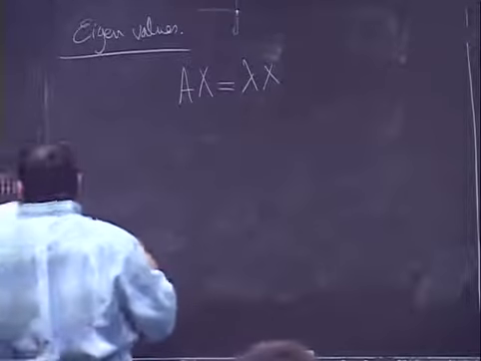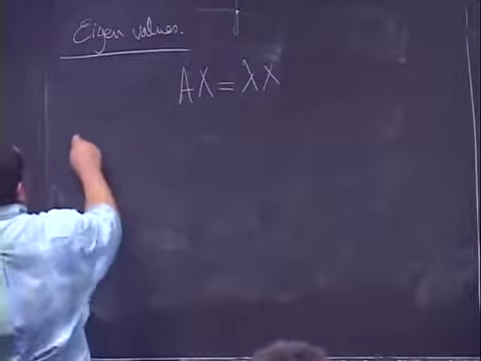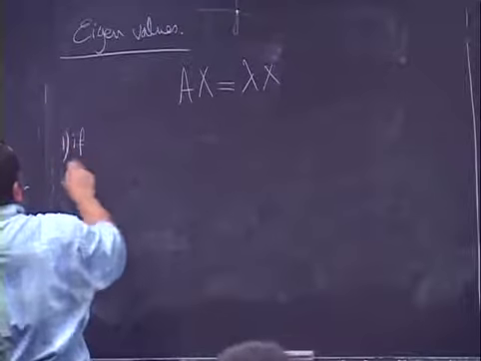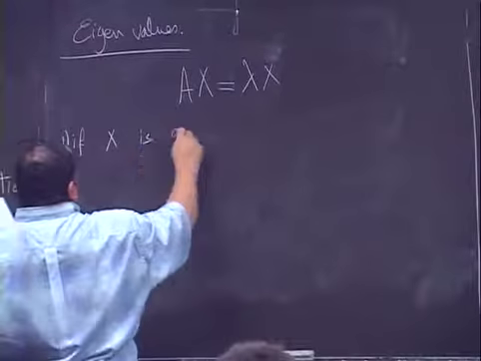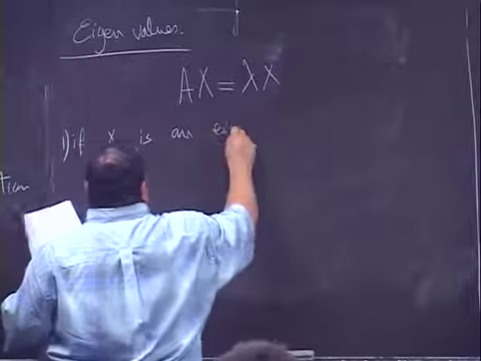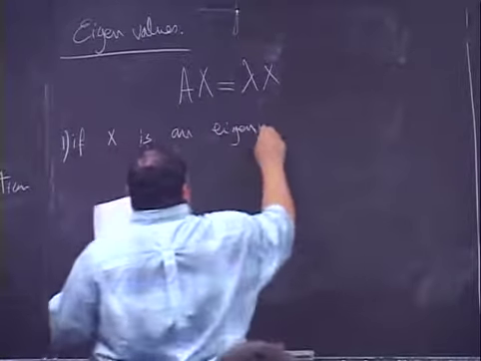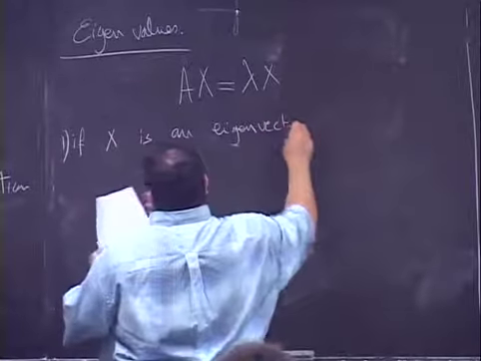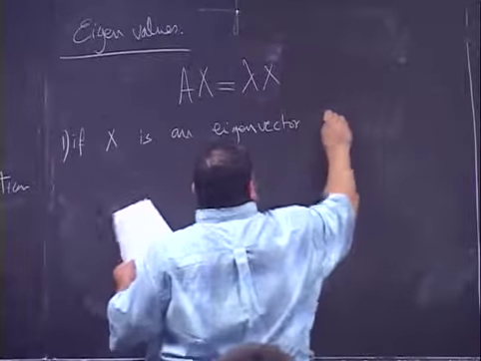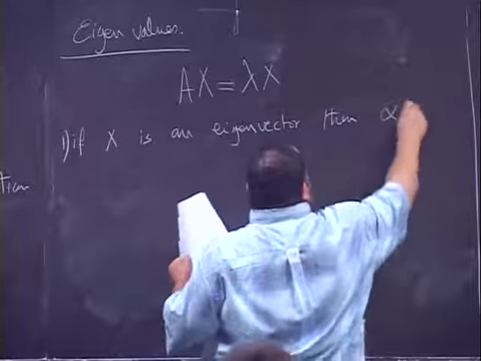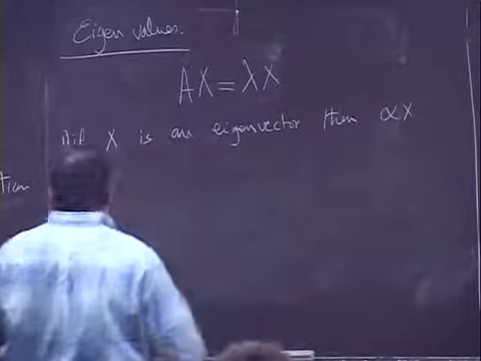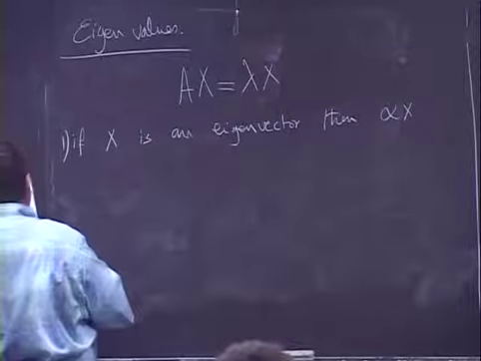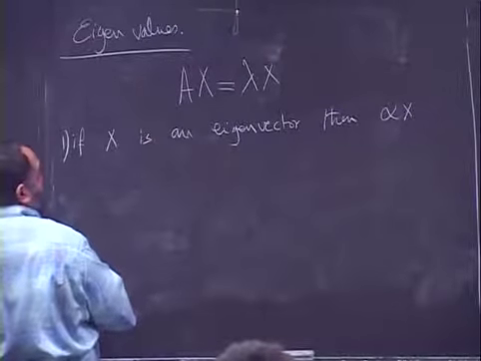So the general properties: if X is an eigenvector, then alpha, a constant, multiplied by the eigenvector will usually also be an eigenvector.